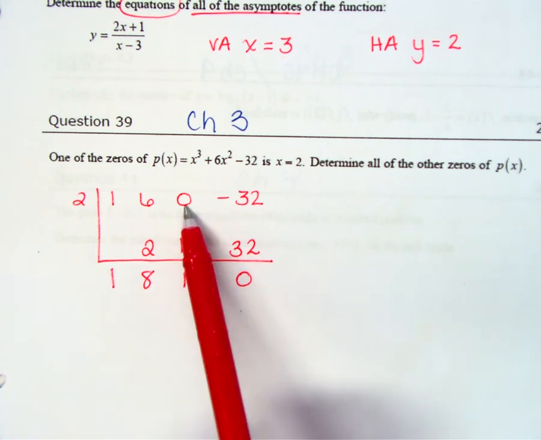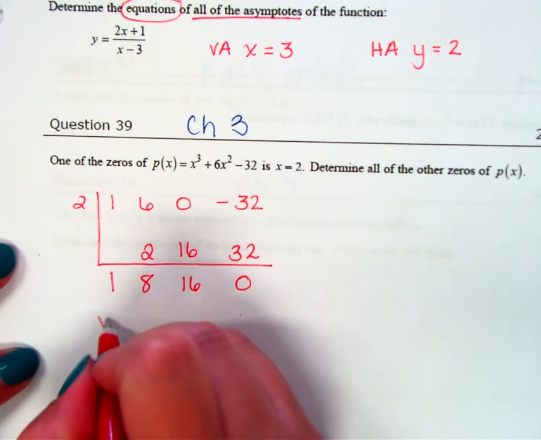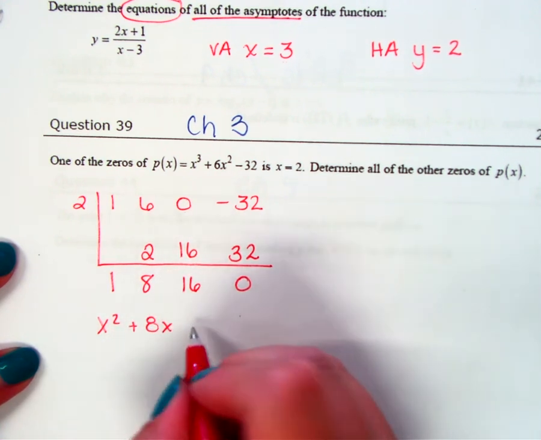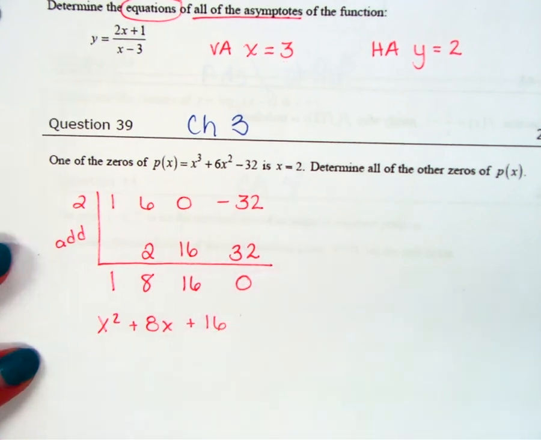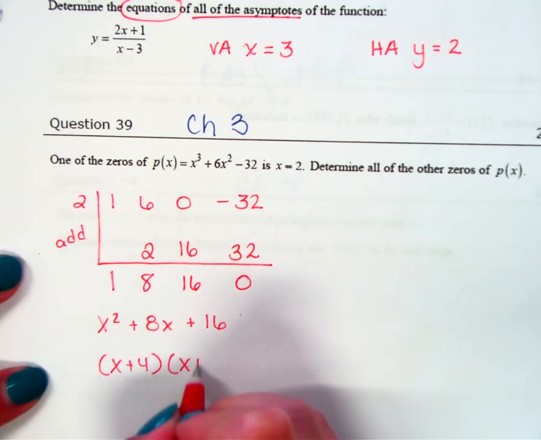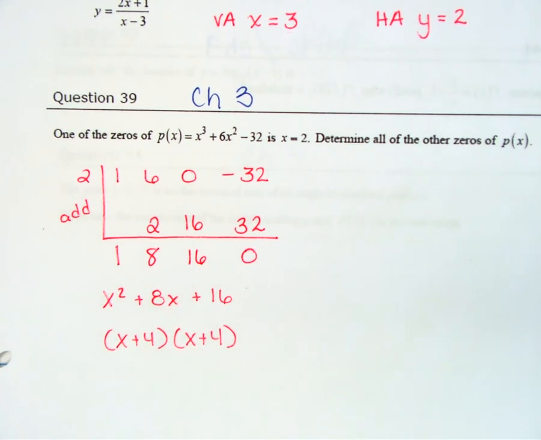That might be the thing that twigs you to missing that 0 there. We're adding them. Now, this question doesn't ask us to factor fully. It asks us to find the other zeros of the function.